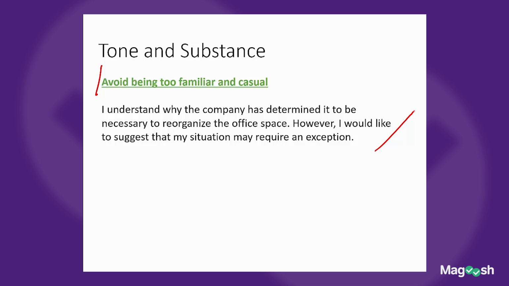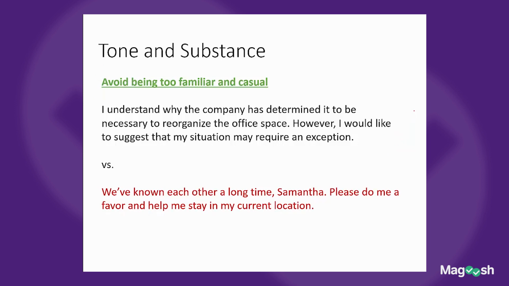If you were saying this exact idea to a close friend, you would probably say it quite differently, right? So imagine this informal response. So we've known each other for a long time, Samantha. Please do me a favor and help me stay in my current location. What this writer wants is to stay where he or she is in the office. Okay, so if this was your friend you're writing to, you would say, just do me a favor. I don't want to move. Please let me stay where I am.